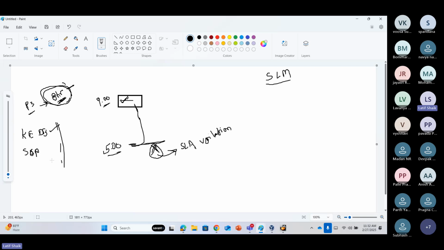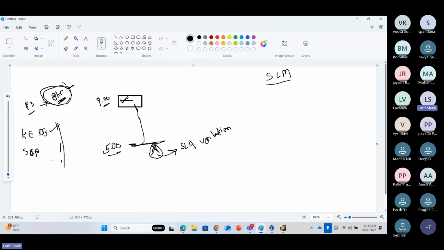It is already given, so you just follow that to fulfill the request. Maximum you get 8 hours, but you will complete it in less than 1 hour. Even if it is very complex, you can use the KEDB and SOP to resolve it. So 99% the SLA won't be violated.